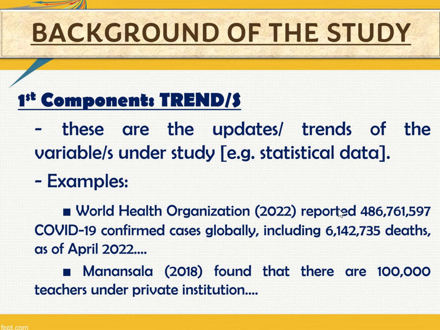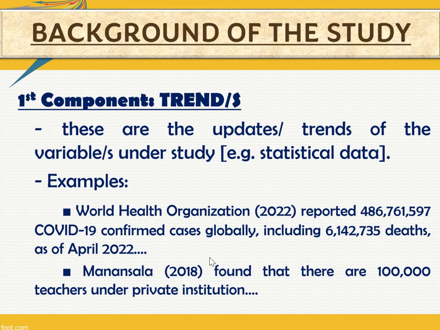So for example, nagpapakita tayo sa trends ng mga statistical data, such as World Health Organization 2002 reported 486,761,597 COVID-19 confirmed cases globally, including 6,142,735 deaths as of April 2022, and the statement goes on.